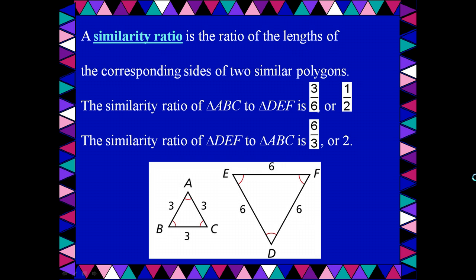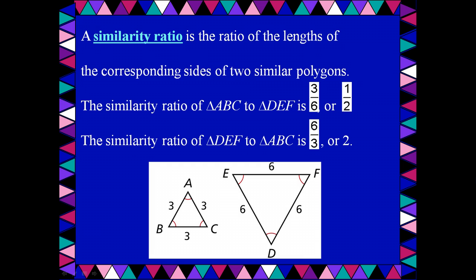A similarity ratio is the ratio of the lengths of the corresponding sides of two similar polygons. Take note that in the first statement, the similarity ratio of ABC to DEF is 3:6 or 1/2. Make sure that when you make a similarity ratio that you put the right number as your numerator and the correct one as your denominator based on the order they are listed.